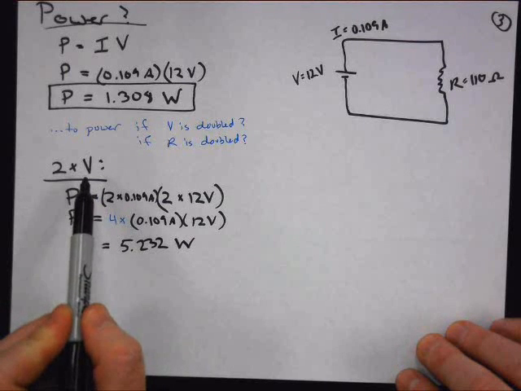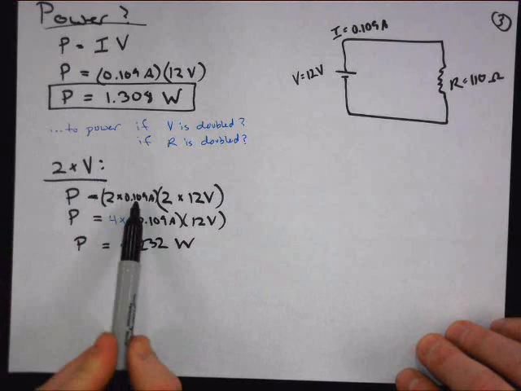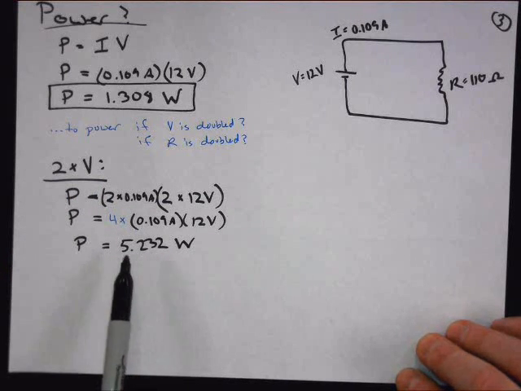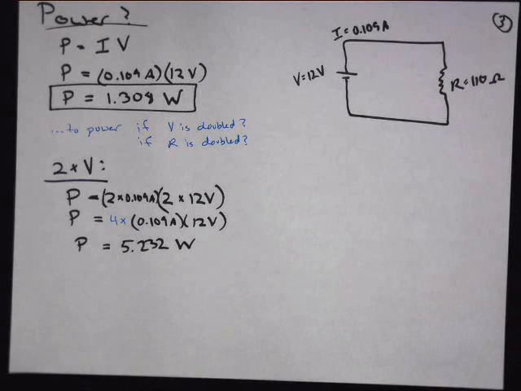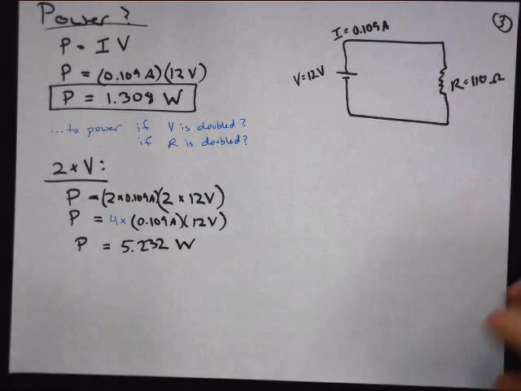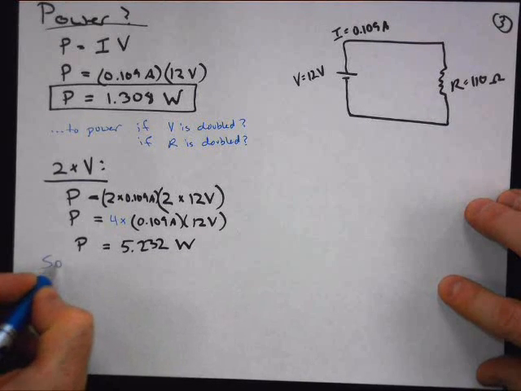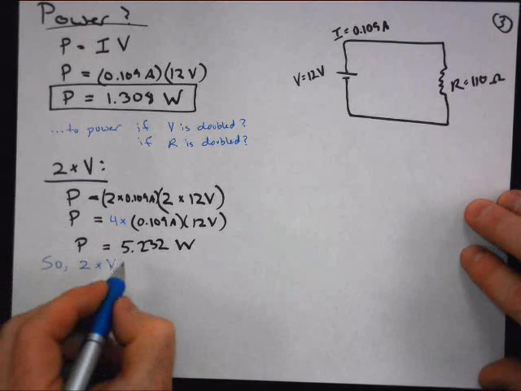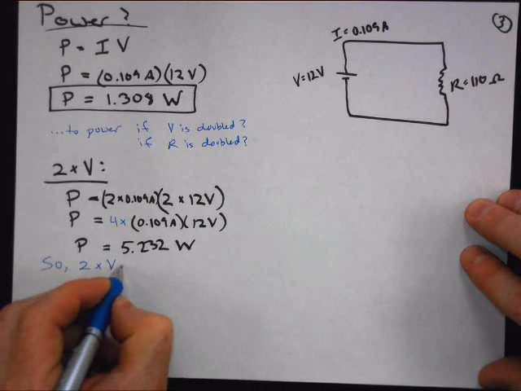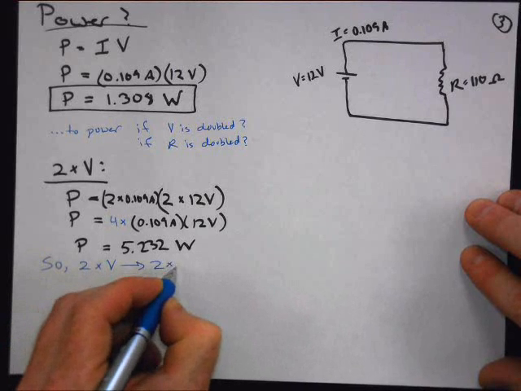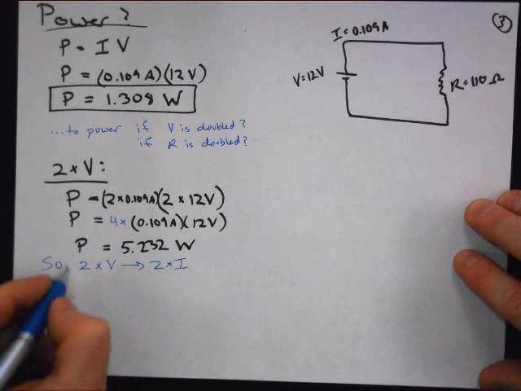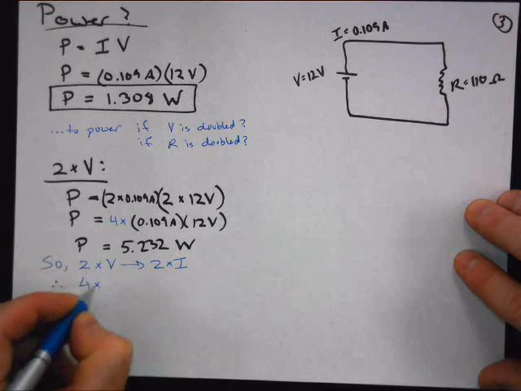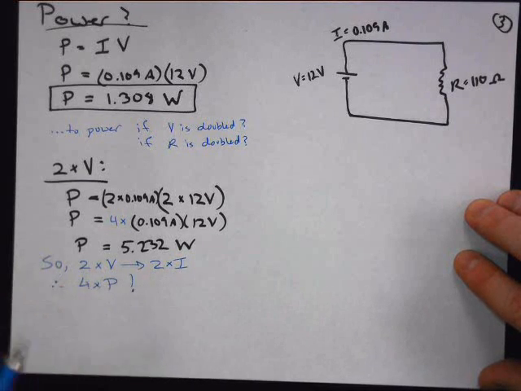But in doubling the voltage, it doubled the current also, which led to 4 times the amount of power being used by this circuit. Wow. So double the voltage leads to double the current, therefore 4 times the power.